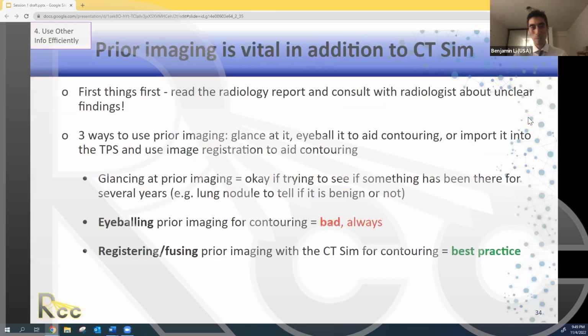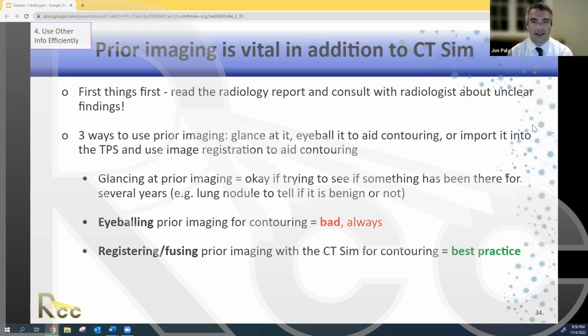I'm going to move forward here. So, bringing us into a similar topic, which is using prior imaging in addition to your CT simulation. It's important, first things first, to read the radiology report and then consult with the radiologist about any findings that were unclear to you.